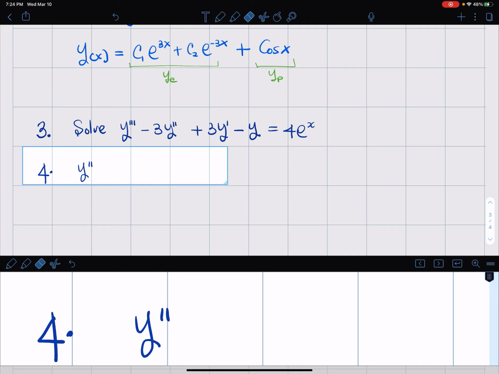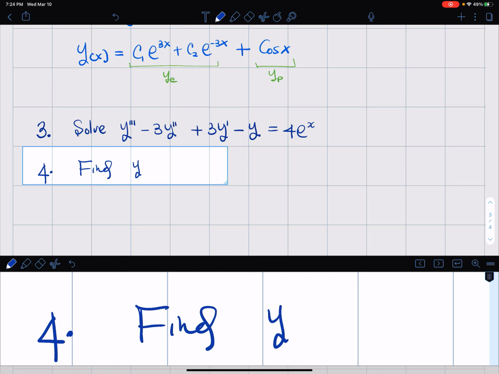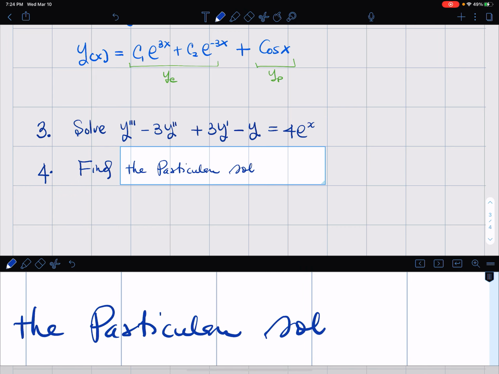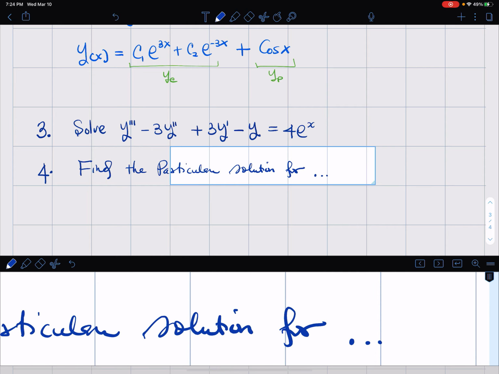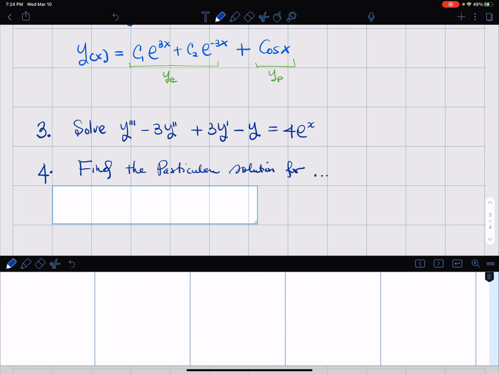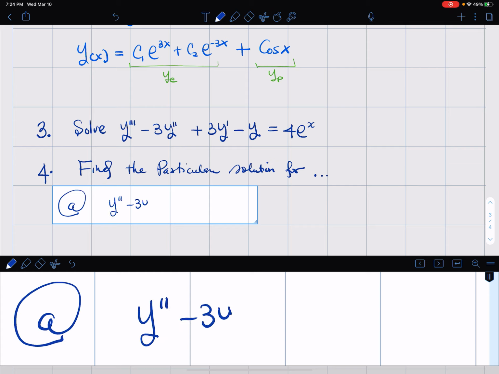I want you to find a particular solution, just find yp for each of these. A: y double prime minus 3y prime minus 4y is equal to 3e^(2t).